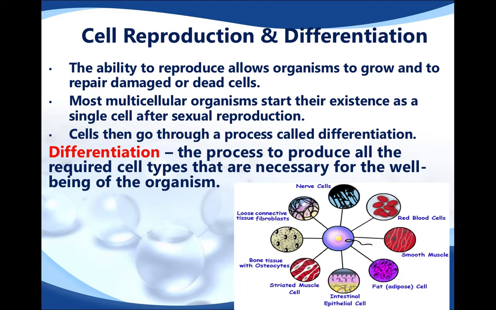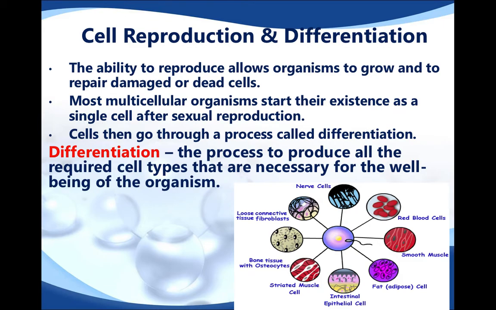So moving forward, if we take that definition of differentiation, when we look at cell reproduction, we won't go into huge detail just yet. However, it is worth mentioning when cells reproduce, they can do it either sexually or asexually.